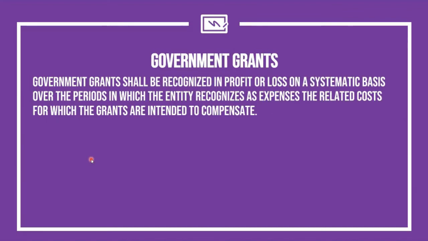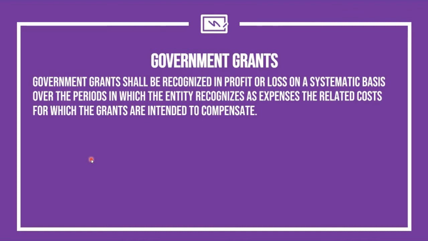In addition, government grants shall be recognized in profit or loss on a systematic basis over the periods in which the entity recognizes as expense the related costs for which the grants are intended to compensate. Meaning, the recognition of income for government grants is dependent on the underlying component of the operations of the business that relates to that particular grant.